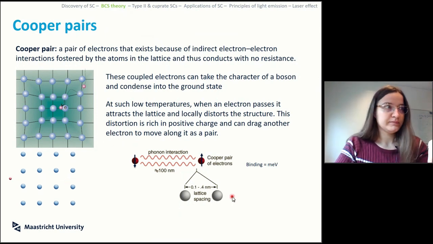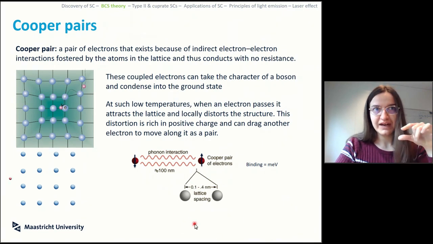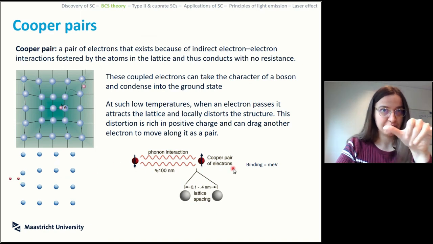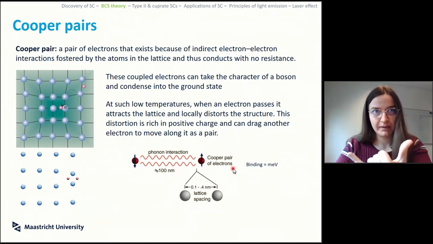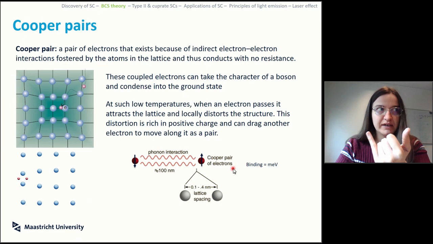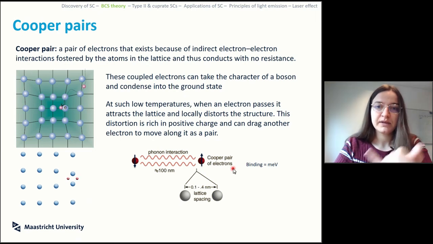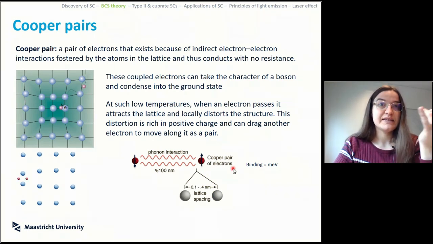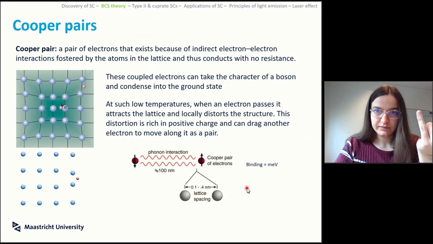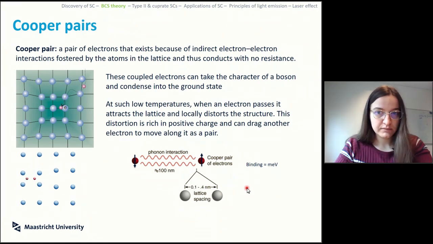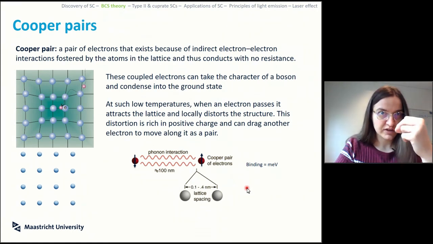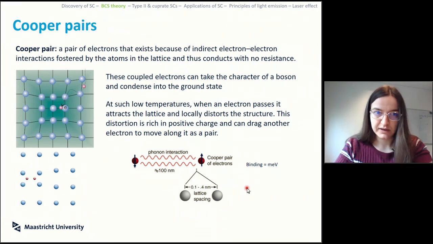And this thing is incomparable to the lattice spacing. So this is much bigger, the distance at which they interact with each other because they couple with the phonon is much bigger than a lattice spacing. And it's this binding energy that you have in milli-electron volt below Tc can actually hold them together. Above Tc does not exist. They just disrupt and they go independently of each other.